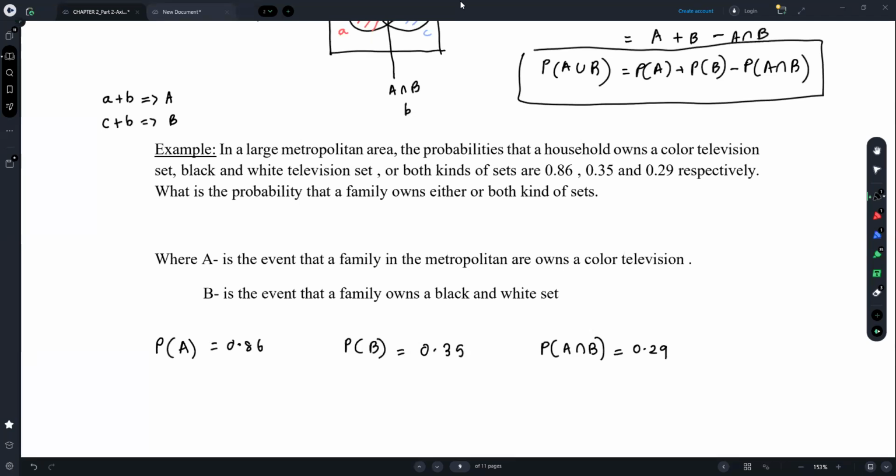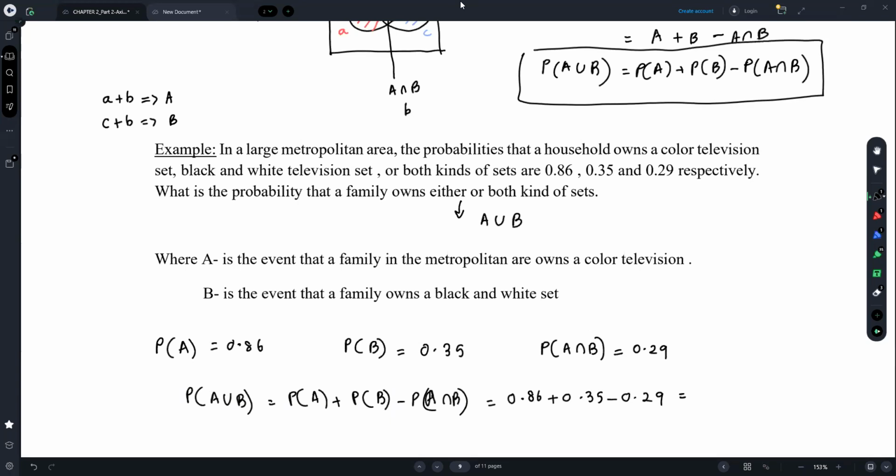So what is the question? What is the probability that the family owns either or both? What does that mean? A union B. Either A, either B, or both. That is the union. So what they're asking is the probability of A union B. You straight away apply the addition rule. You get 0.86 plus 0.35 minus 0.29.